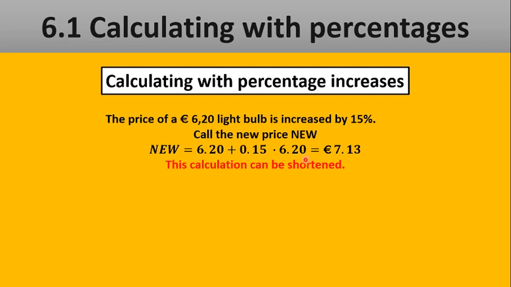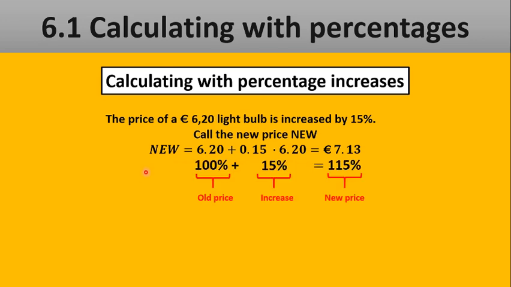However, this calculation can be shortened, and if you want to know why, take a look at this notation. You can say that €6.20 is 100%, or so-called old price. Then 0.15 times 6.20 is 15% of the €6.20, the old price. And it leaves us with the final answer, which is going to be the new price, which equals 115%.